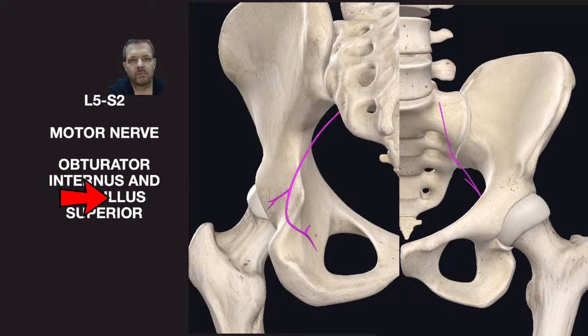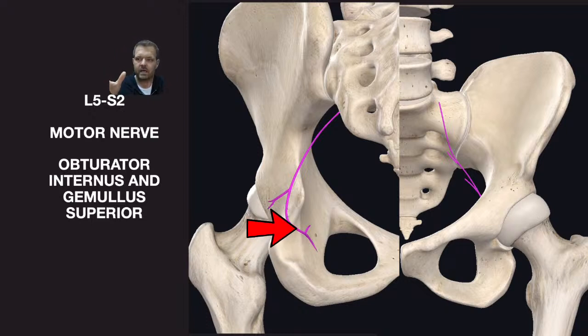So we've got obturator internus and gemelli superior. It's a motor nerve that comes from L5 to S2, so it's a little bit lower down than the obturator. So it's a completely separate nerve that only supplies these muscles, obturator internus and gemelli superior.